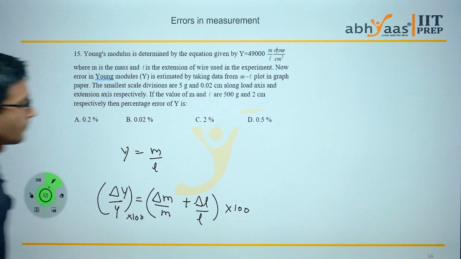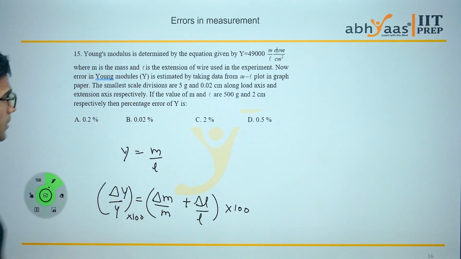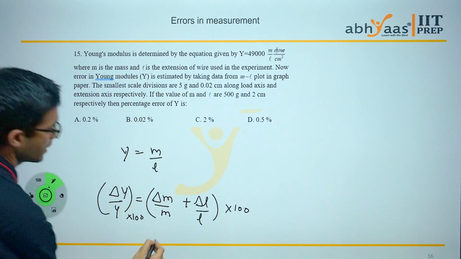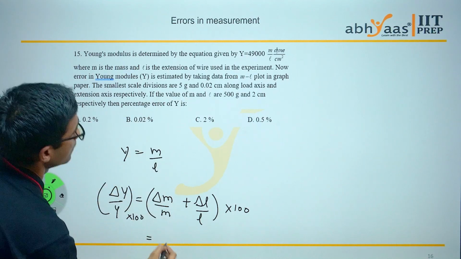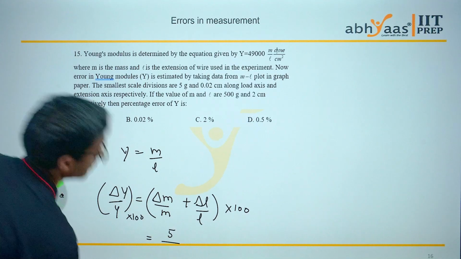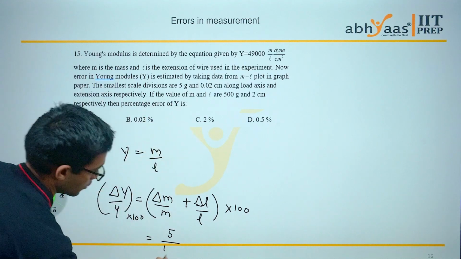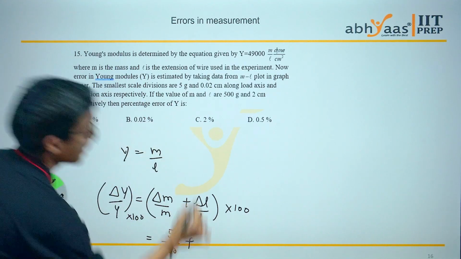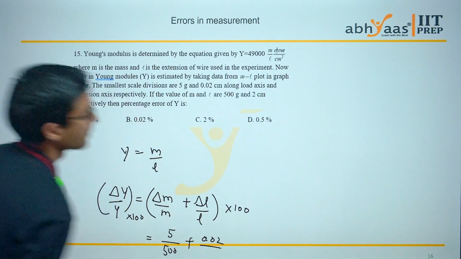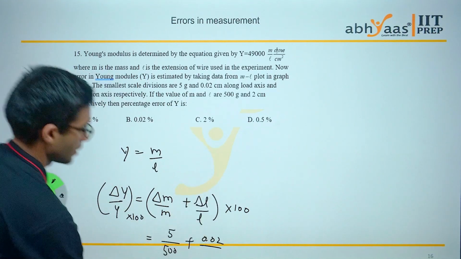So that is given. Okay, if you observe, delta m is given. What is the smallest scale division for the load axis means delta m is given. That is 5 grams. 5 by 500. 5 by mass, which is given as 500 in the question. Next, plus delta L is given as 0.02 by 2 centimeters.